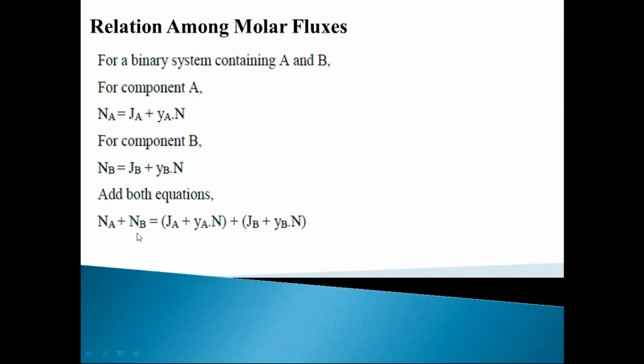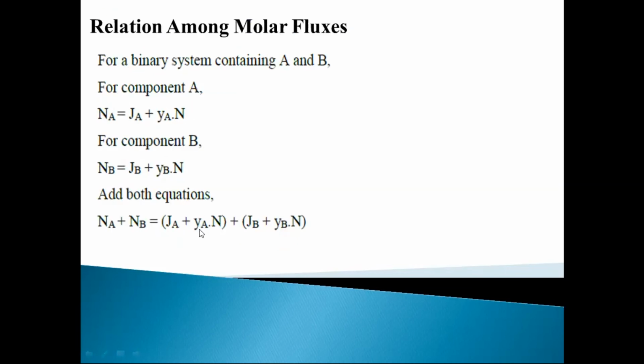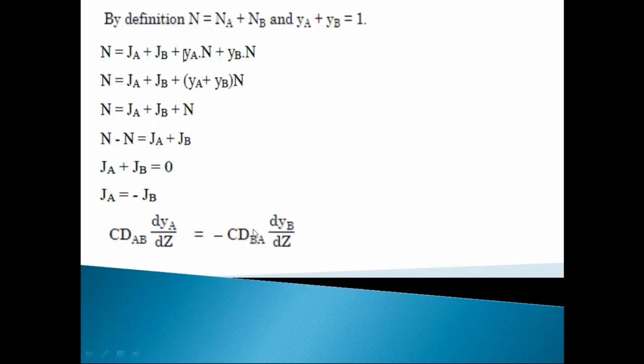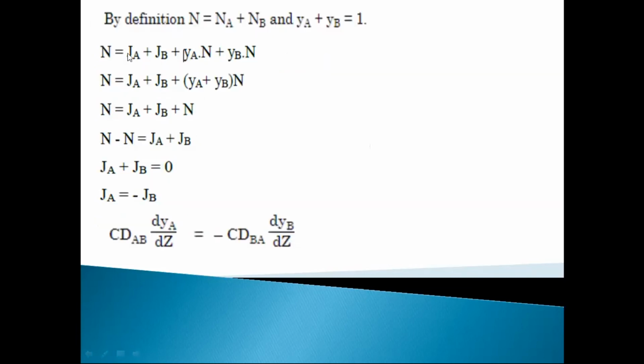According to the definition, Na plus Nb is equal to N, and we are writing here like this: Ja plus Ya N plus Jb plus Yb N. So bringing Ja and Jb together, Ja plus Jb, and Ya into N plus Yb into N. So N is equal to Ja plus Jb plus (Ya plus Yb) into N, with N common.